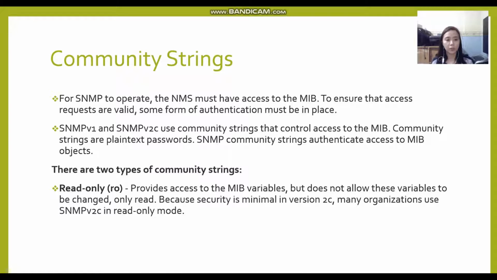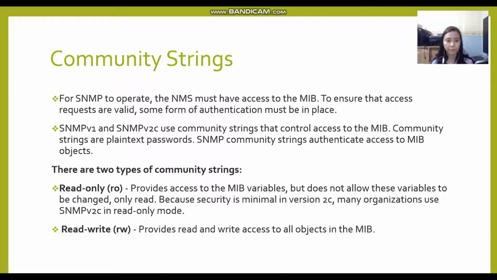The read-only string provides access to MIB variables but does not allow these variables to be changed, only read. Because security is minimal in version 2, many organizations use SNMP version 2c in read-only mode, while the read-write or RW string provides read and write access to all objects in the MIB.